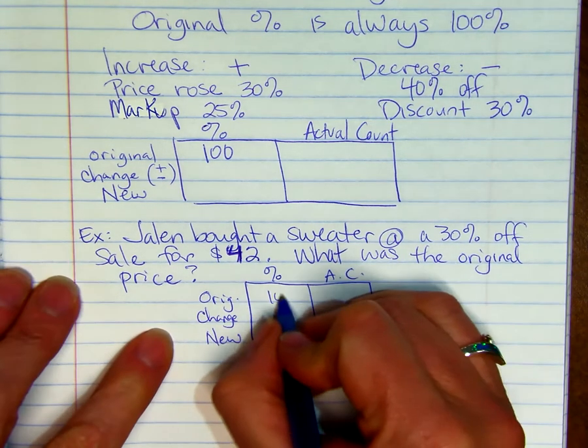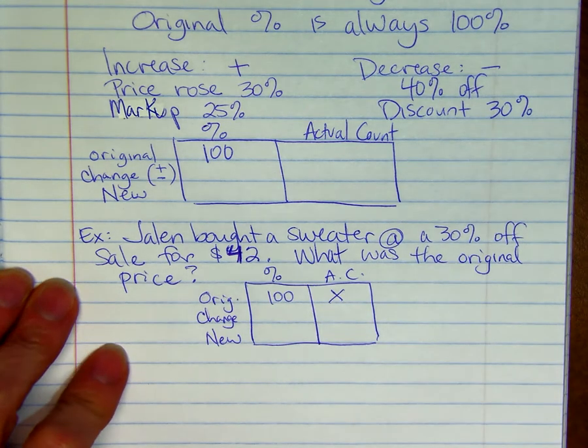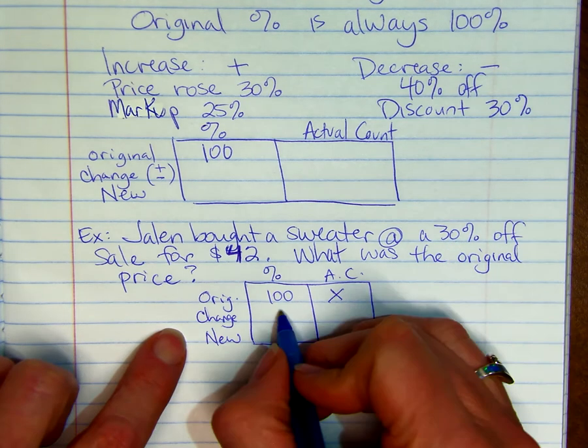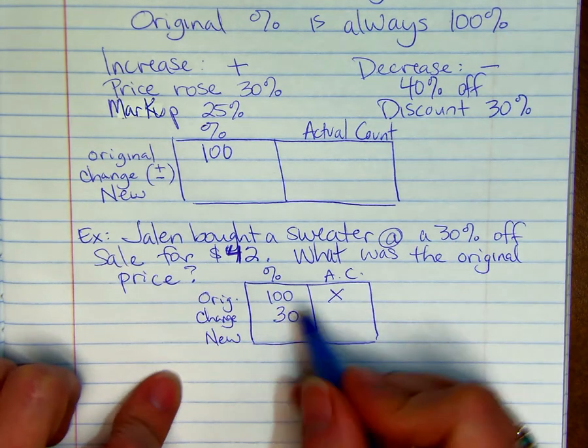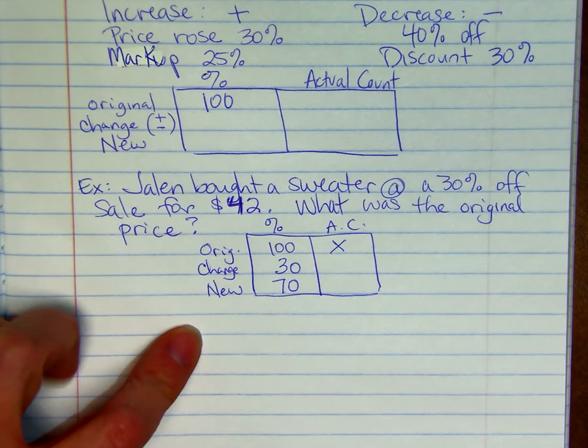So the original's 100. We don't know the original price, so we're going to put an X right there. The change was 30% off. So that means we're going to subtract 30 from 100, and our new is 70. And that's for the percent.